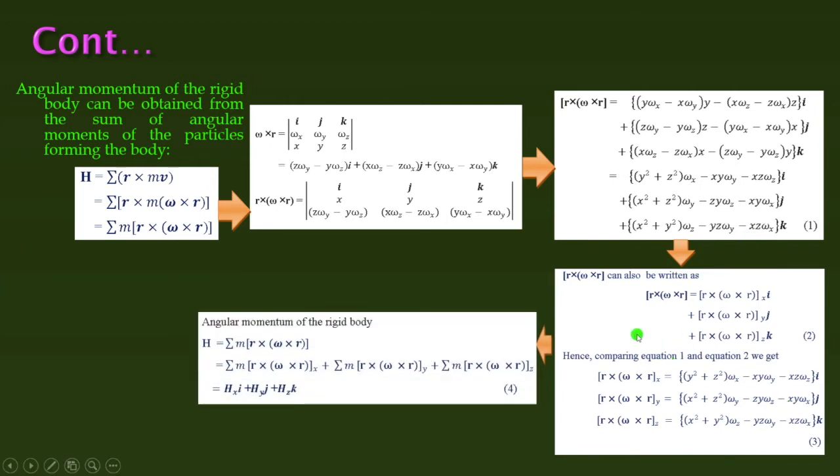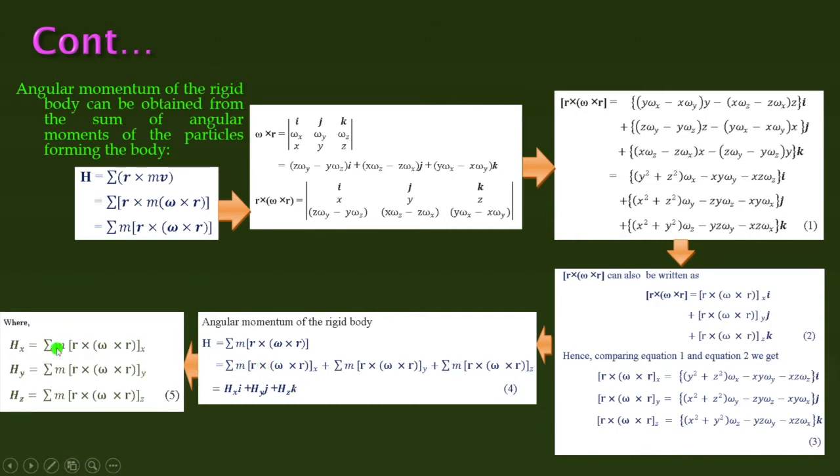Now substitute this value here. What is there? This summation of m r cross omega cross r equals the x, y and z components. So this equals H x, the angular momentum component in the x direction, meaning unit vector i, the other component in the y direction j, and z. This is equation 4.